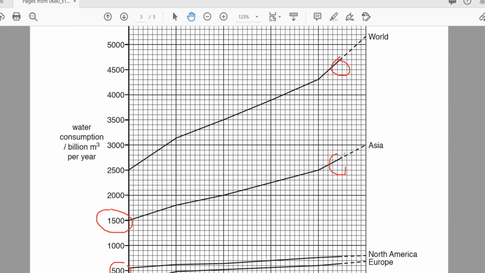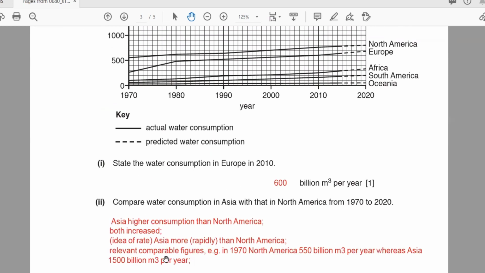Where is Asia? Here it is 1500, 2500, and North America. When you give these facts and figures, you will get maximum marks, because the examiner knows that whatever answer you are telling is not an assumption. You know how you are calculating your answer. So it's better to use the numbers as they are used here.